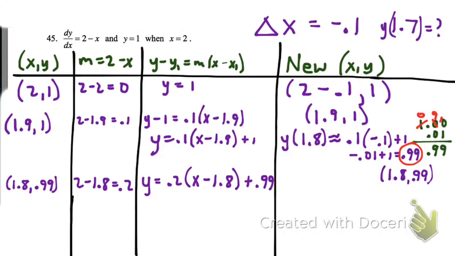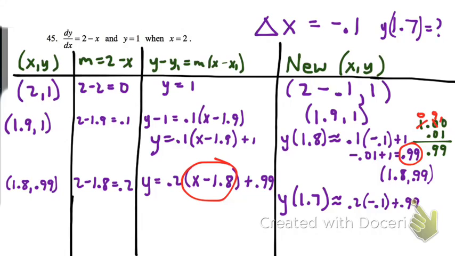Then y at 1.7 would be approximately equal to 0.2 times, and what we're multiplying here, x minus the current x value, is always going to be our change in x, so negative 0.1. And then again we have our plus 0.99.